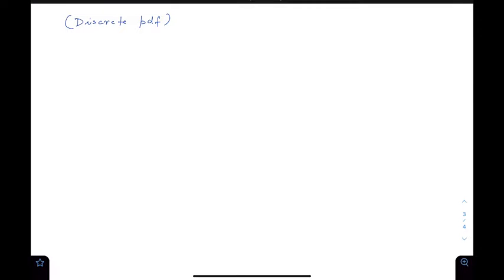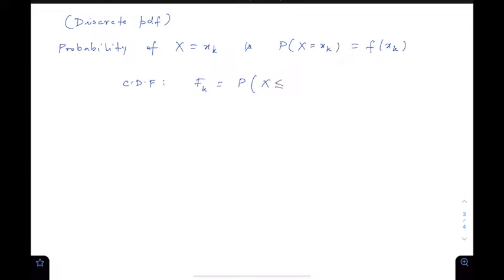So the probability of x equals x_k is just f of x_k, and the CDF F_k is the probability that x is less than or equal to x_k, which is the sum from i equals 1 to k of f of x_i.